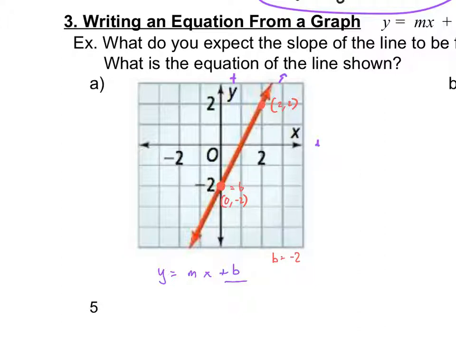I could do some counting here, and I know that I go up 2, 1, 2, and I'm going to go right 1, so +2, +1, so I get to the next point on my slope. So it looks like my slope should be 2 over 1. So when I rewrite this equation, I should have y equals 2 over 1x minus 2, or simply y equals 2x minus 2, the equation of a line.